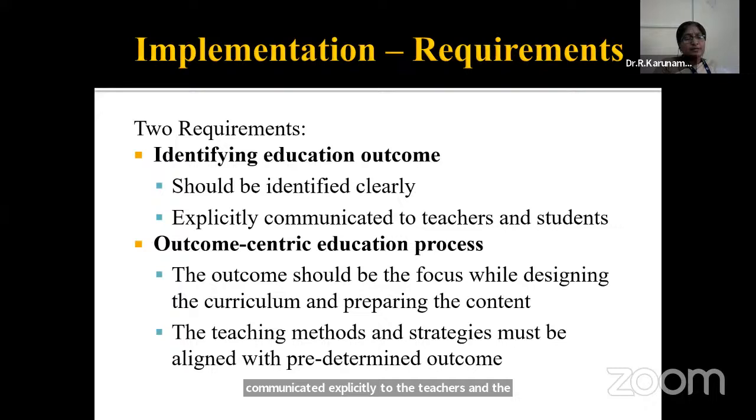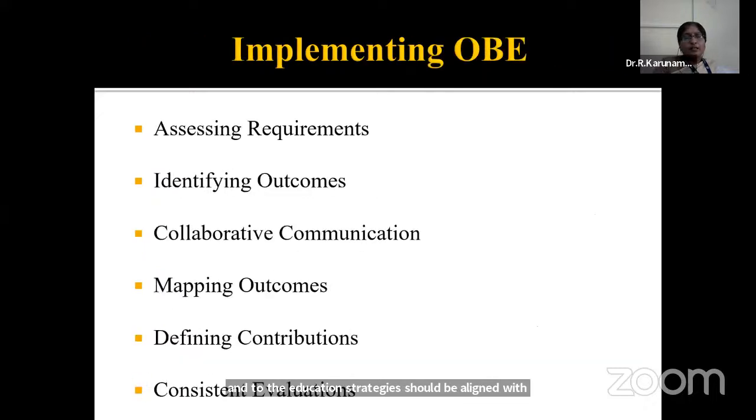The next step is outcome-centric education process. While designing the curriculum and preparing the content for the curriculum, the focus must be on the outcome. The teaching methods and the education strategies should be aligned with the predetermined outcome.